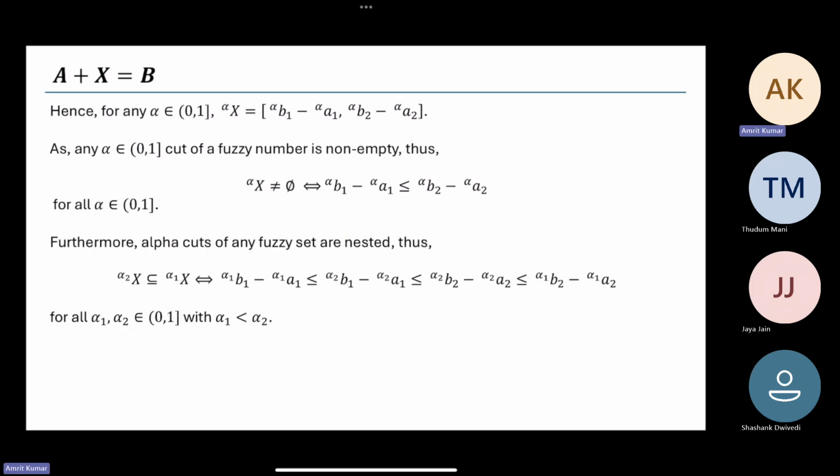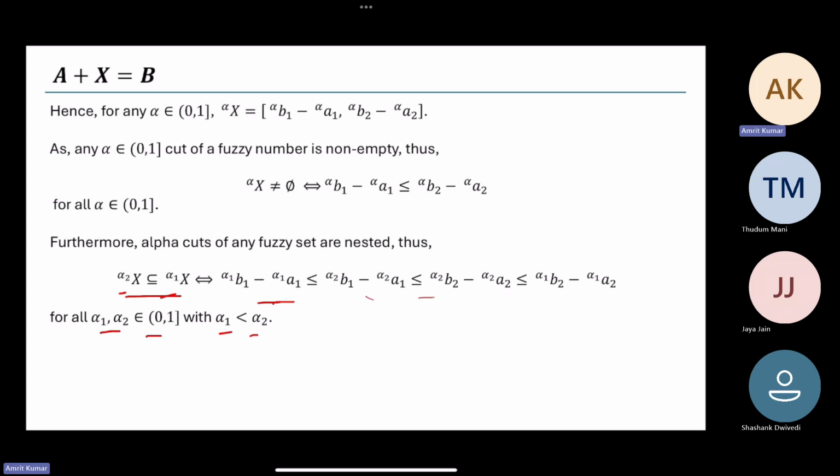Okay. Furthermore, any fuzzy number is nothing but a fuzzy set, and the alpha cuts of a fuzzy set are nested. That much we know. That is, when alpha 1 and alpha 2 are numbers in the unit interval so that alpha 1 is less than or equal to alpha 2, then the alpha 2 cut of x is contained in the alpha 1 cut of x. Now, this condition is equivalent to this condition. I hope you are able to see why, right?